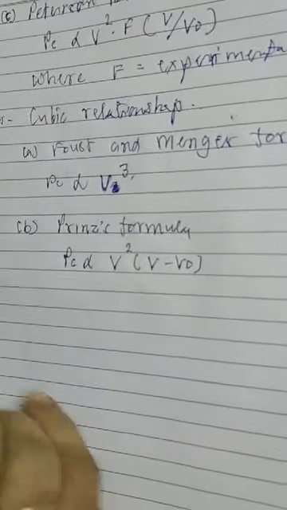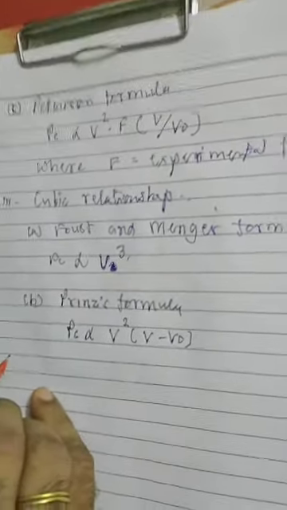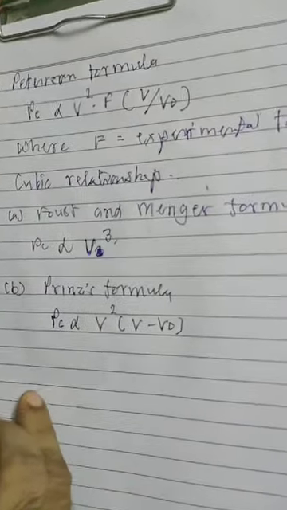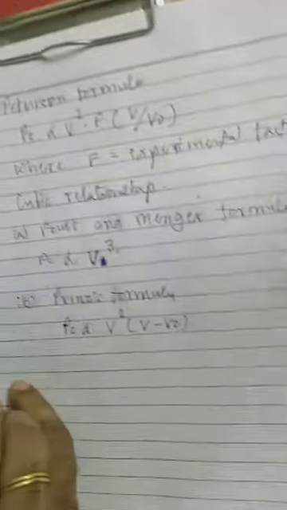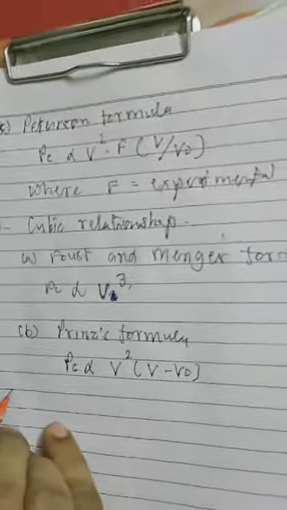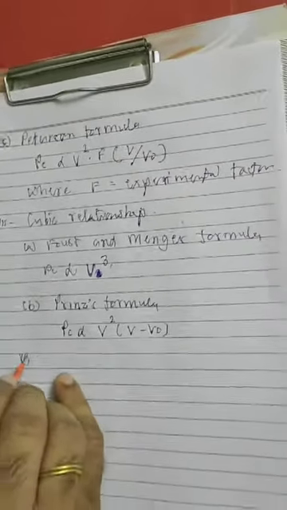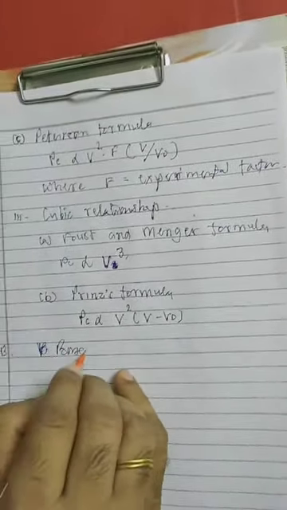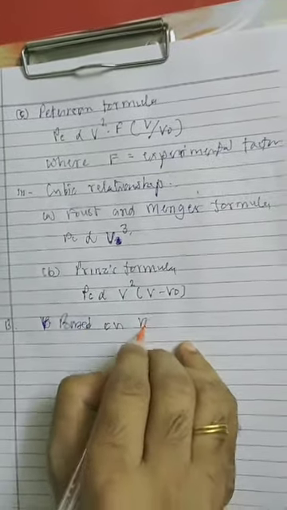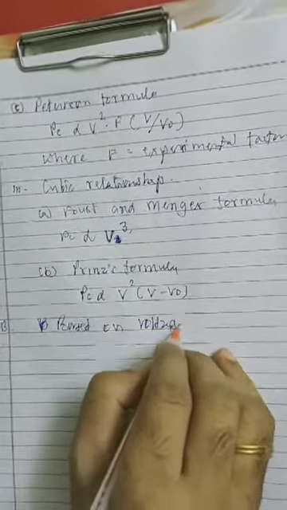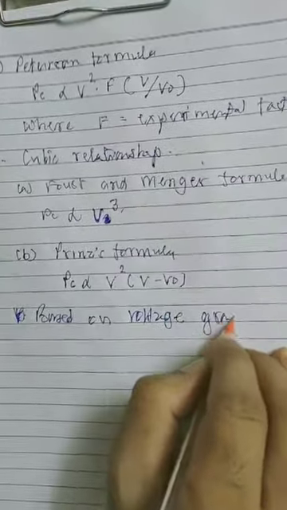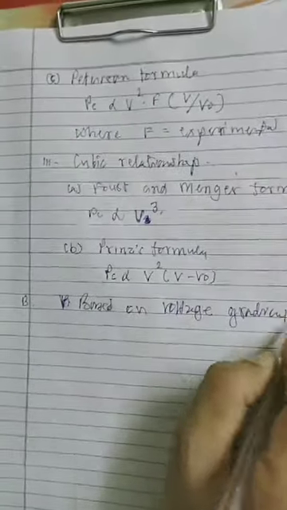Now corona loss based on the voltage gradient. This is the second type, based on the voltage gradients.